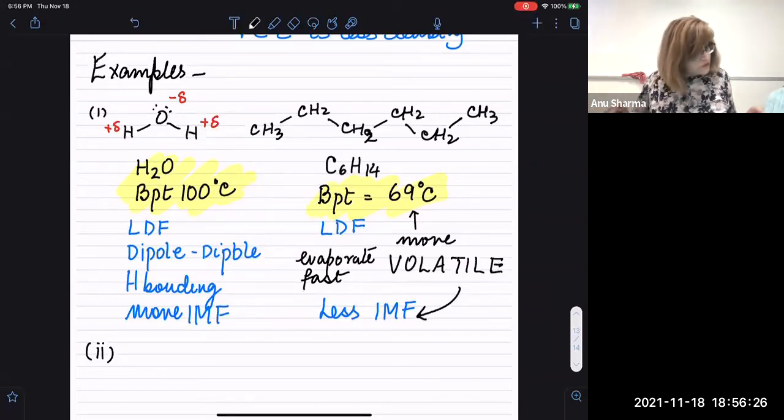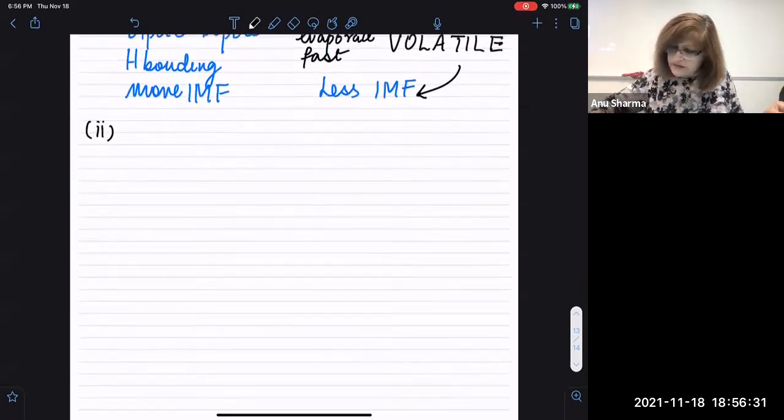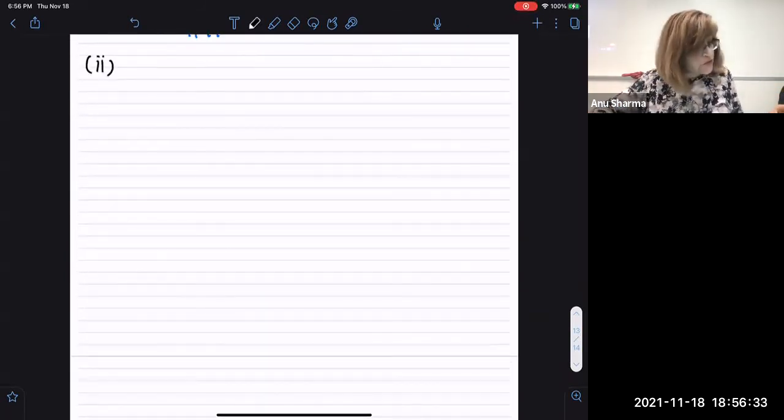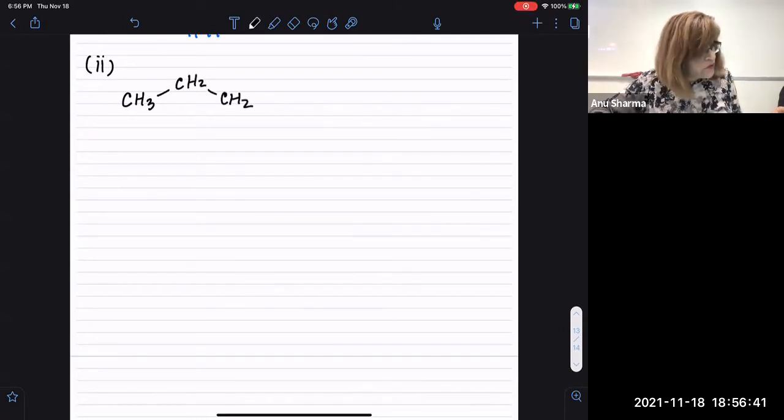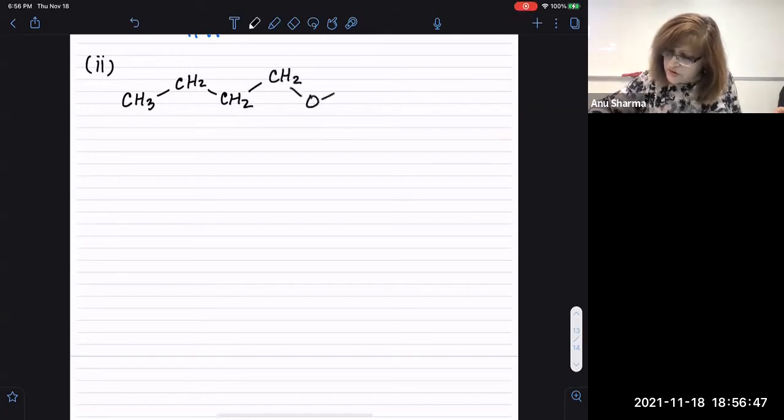Let's look at another example. Very interesting. One is CH3, CH2, CH2, CH2, OH, which is 1-butanol, with 1, 2, 3, 4 carbons and OH.